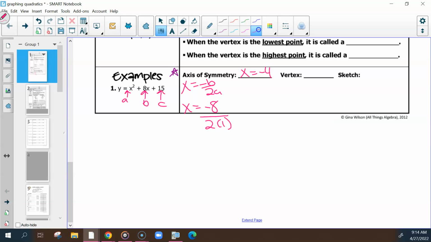We're going to use that negative 4 to find our y value. You could do this by hand or put it in your calculator. I am going to set this up first. We're going to take this equation and put negative 4 in for all of our x's, like we're evaluating.